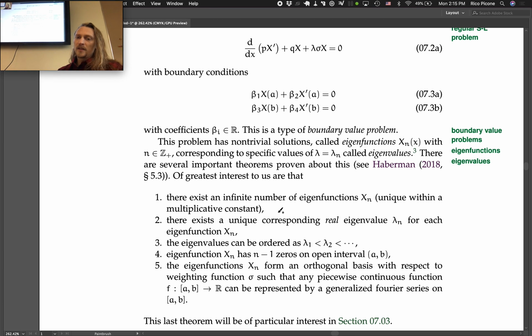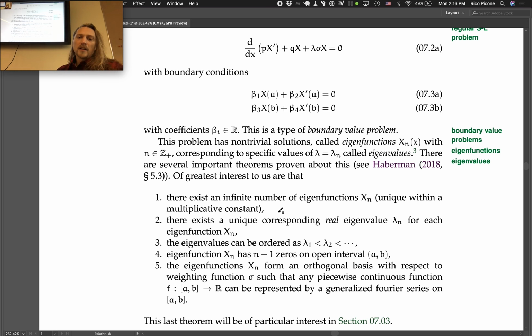And the eigenvalues can be ordered from a lowest eigenvalue, lambda 1, to greater ones. Eigenfunction X_n has n minus 1 zeros on the open interval between a and b. So zeros are places where it crosses the value of 0, or it could just touch it at 0 and go up.